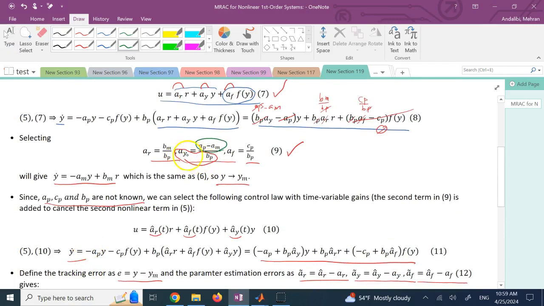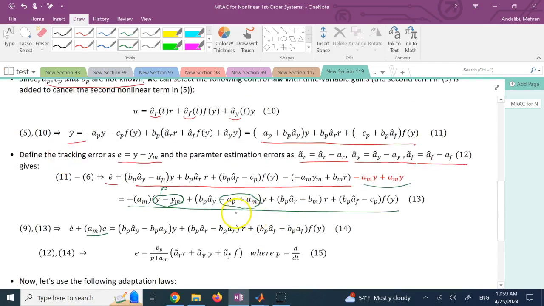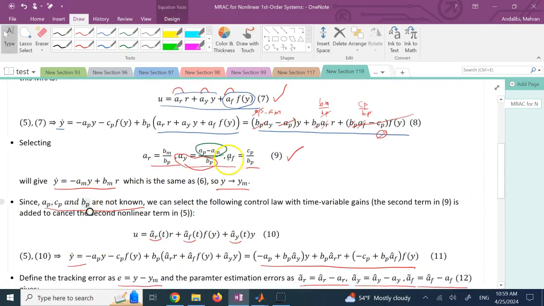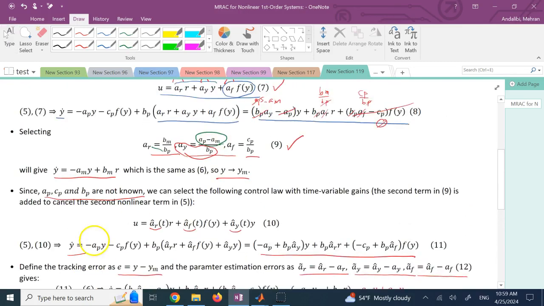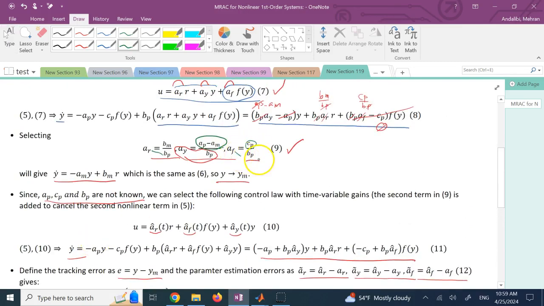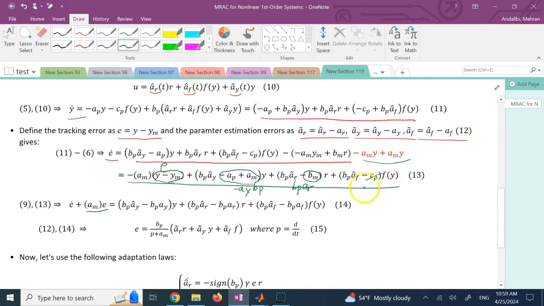So that's going to be negative ay times bp, right? So that is negative ay times bp. Then the definition you have for bm, remember bm is ar times bp. So this guy is ar times bp. And for cp, if you look at the definition, that is af times bp.